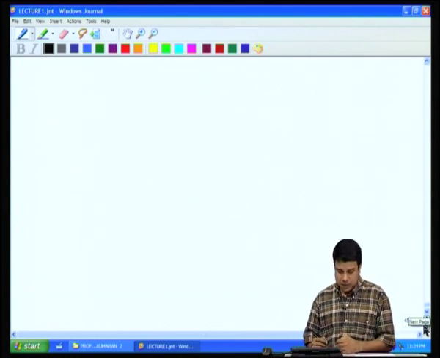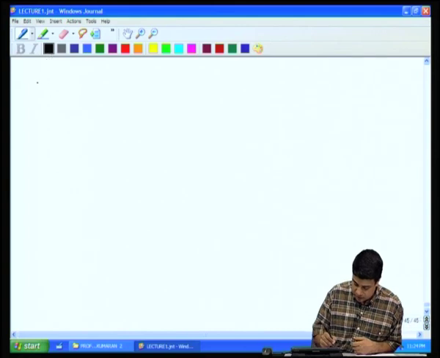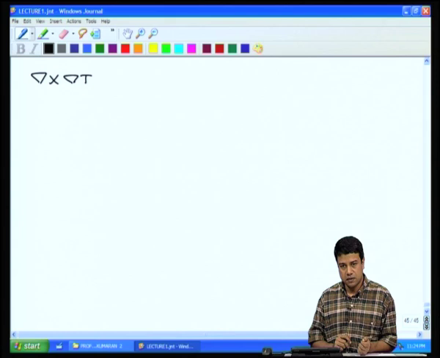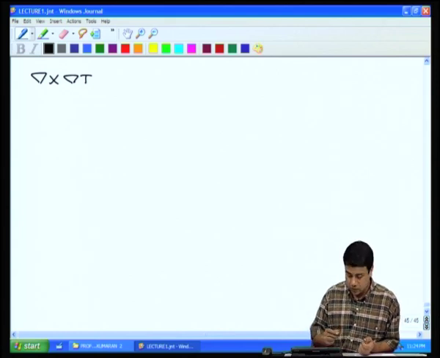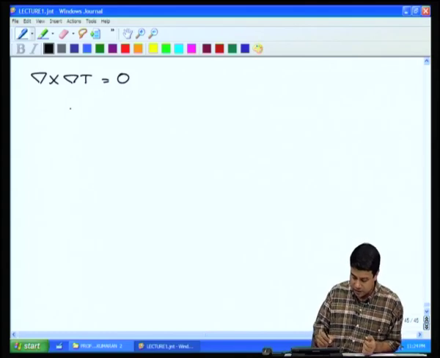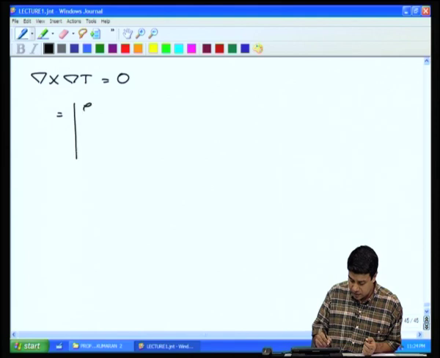A couple of other things. The first is that if I take the curl of the gradient of something, this has to be equal to 0. Because if I write it down in longhand notation, this is the matrix e1, e2, e3, d by dx1, and so on.